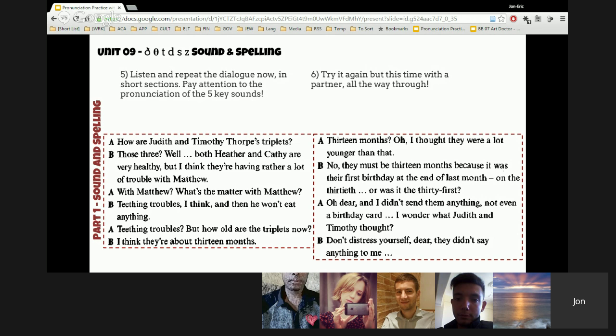What's the matter with Matthew? Teething troubles, I think, and then he won't eat anything. Teething troubles? But how old are the triplets now? I think they are about 13 months.